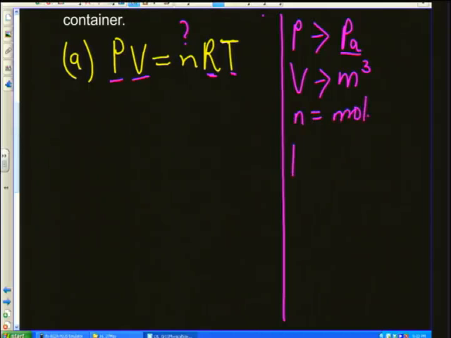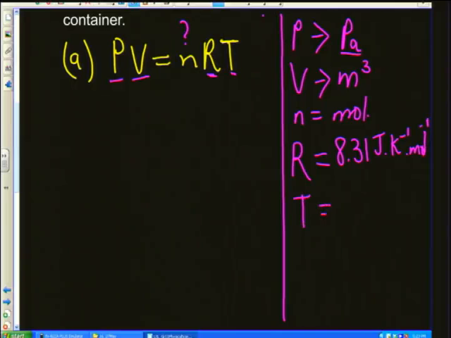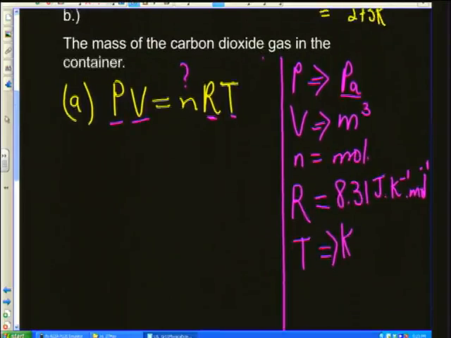And R is the universal gas constant, which is always known to be 8.31 joules per Kelvin per mole. Allow me to write like that because I don't have much space. And the temperature must always be in Kelvin. Okay, so this is very important.